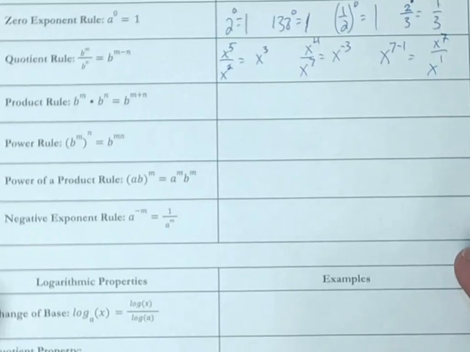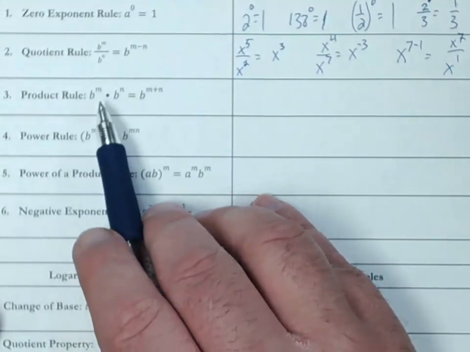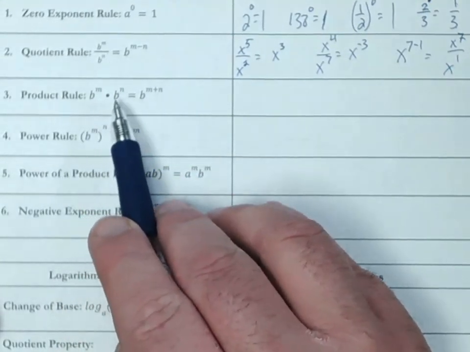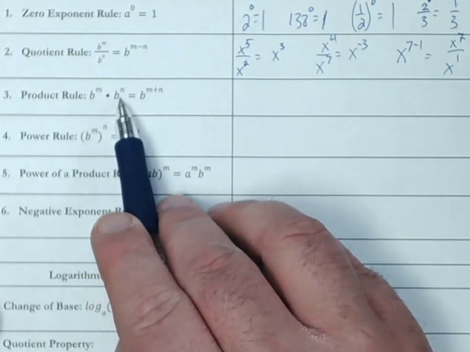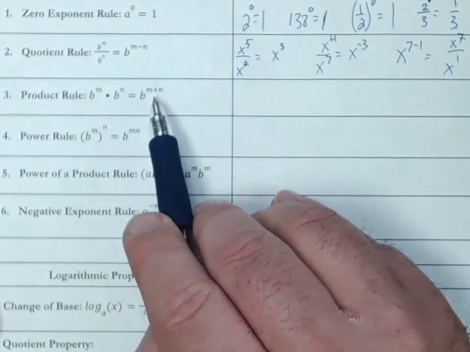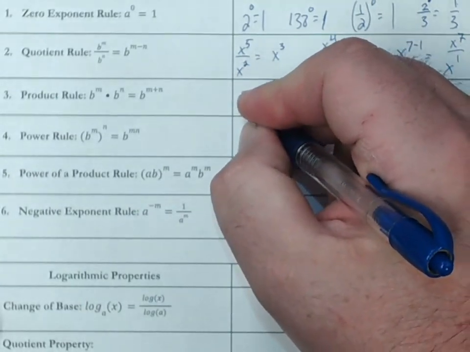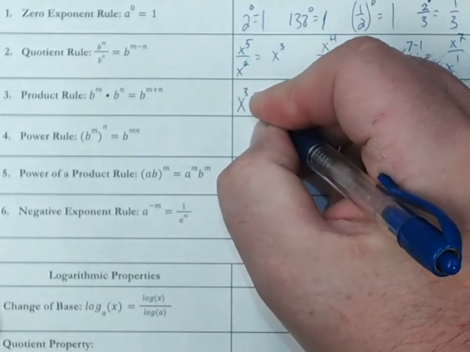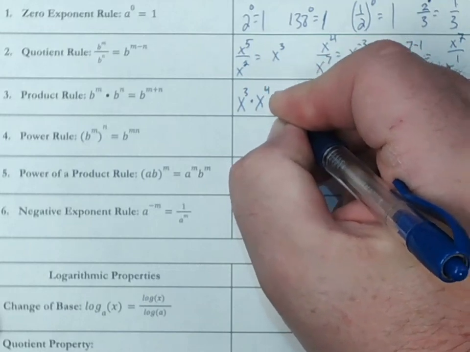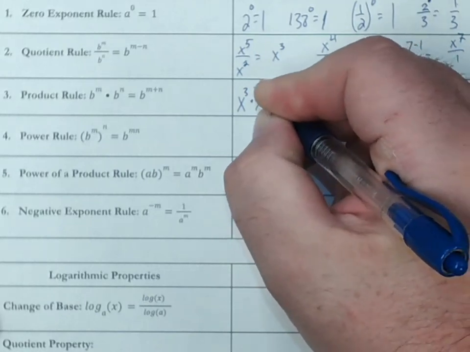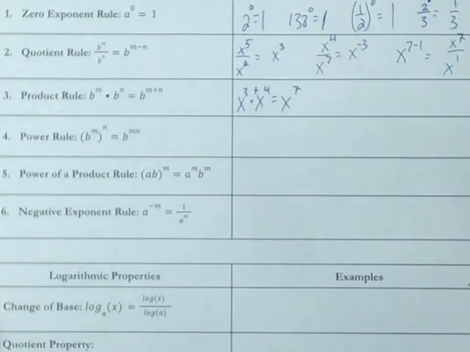The product rule is just the reverse of the quotient rule. This time, instead of dividing the two expressions with the base of b, we're multiplying them. So instead of subtracting the exponents, we will add them. So for example, x to the 3rd times x to the 4th would be x to the 7th. 3 plus 4 is 7.